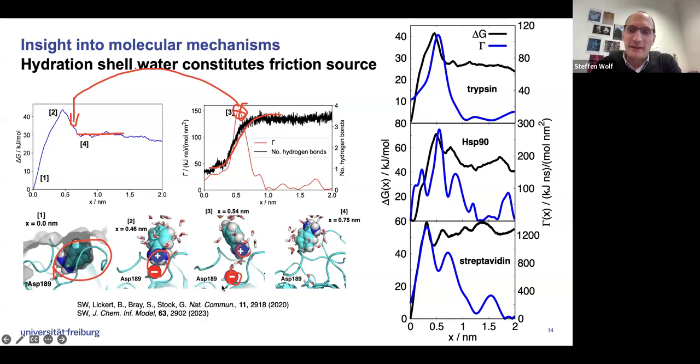And if you remember from Kramers' equation, the friction in this case defines the unbinding rate to a certain extent, beside the binding site. So it turns out that the major contribution to friction seems to be water molecules.